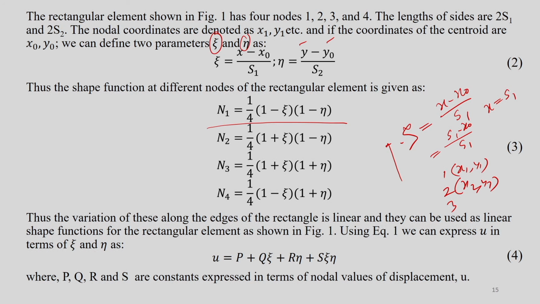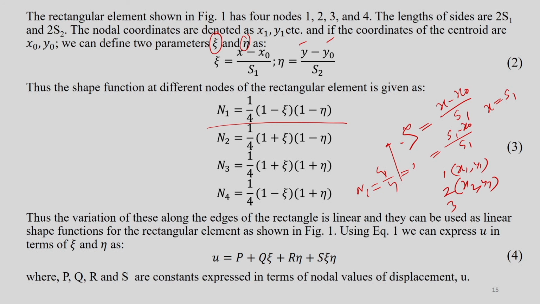such that if xi equal to plus 1, then n1 becomes 0. So, that means variation is there for different values of xi and eta. If xi equal to minus 1 and eta equal to minus 1, both are minus 1, then 2 into 2 by 4, n1 becomes 1.